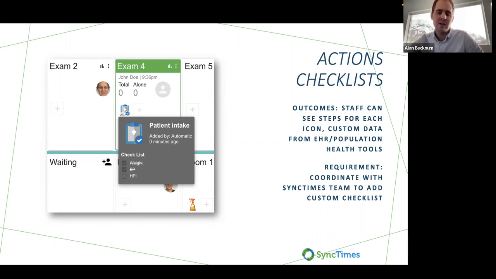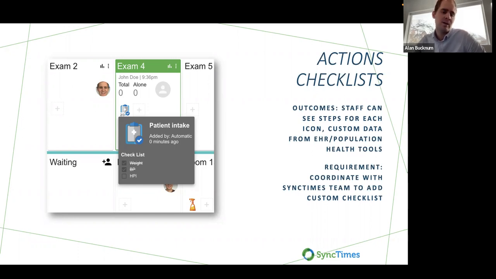We're in a beta process on this right now, and showing that in these checklists. As an example, if you have an open care gap, a quality measure that you're focused on, and that patient is due for that quality measure, then we can pull in the specifics of that quality measure and display them on this checklist. So staff, as they're going into the room, can see, oh, I've got 2 out of 3 items that have been completed.